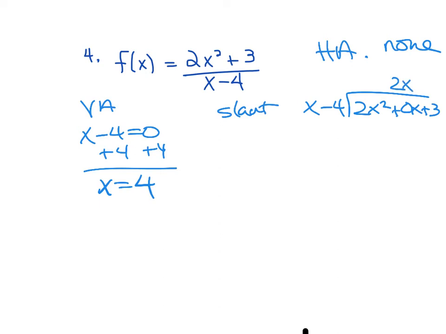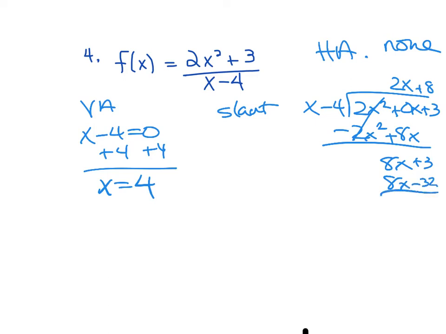So I'm going to multiply x by 2x to get 2x squared. Flip the signs. This is gone. And now I'm going to multiply x by 8. I don't need the remainder, so I just throw that away. So my slant asymptote is going to occur at 2x plus 8.